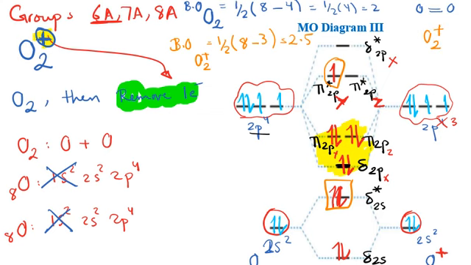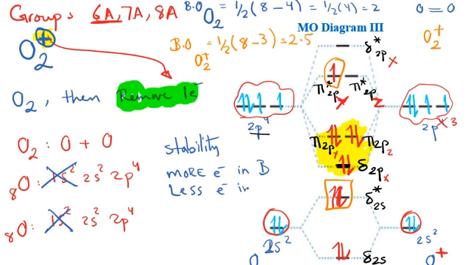And whenever we talk about stability, again, I'm going to remind you, it means we need to have more electrons in bonding and fewer electrons in anti-bonding. The only difference between O2 and O2 1 positive was the number of electrons in anti-bonding.